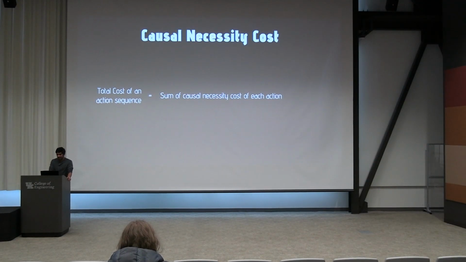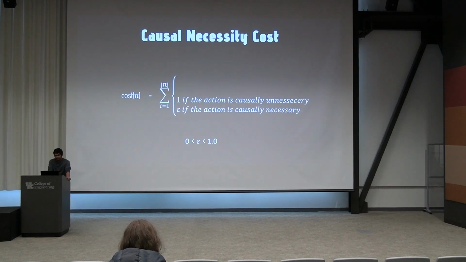We define the total cost of an action sequence as the sum of the causal necessity cost of each action, and let's call the total cost cost of pi, where pi means the sequence of actions.